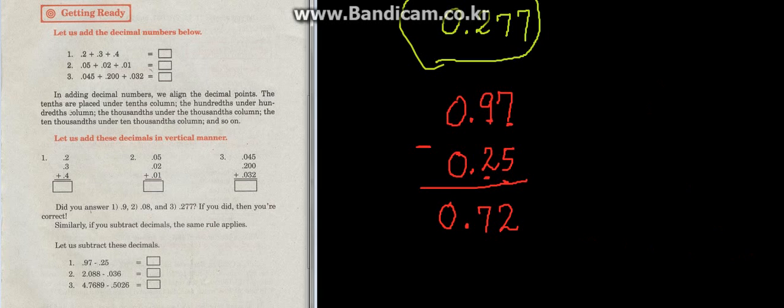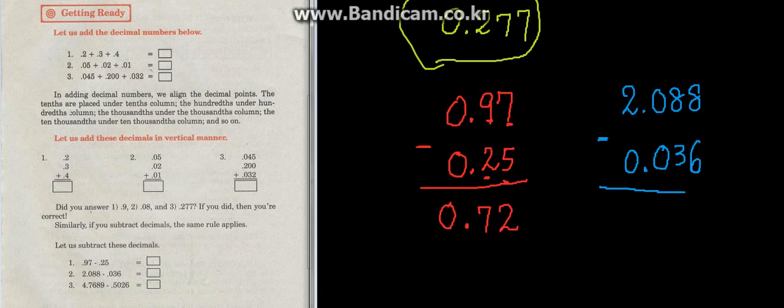Let's move on to the next one. We have 2 and 88 thousandths minus 36 thousandths. Okay, and as you can see, I put this number right under the other according to the decimal point. So the decimal points should be aligned like that.